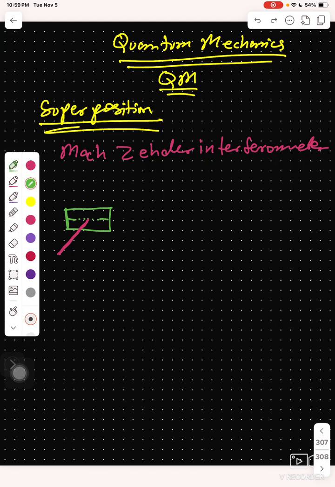One part transmits to the top, the other is split to the bottom, and on both sides of the vertical, we have two mirrors, mirror 1 and mirror 2. Then they are reflected off.